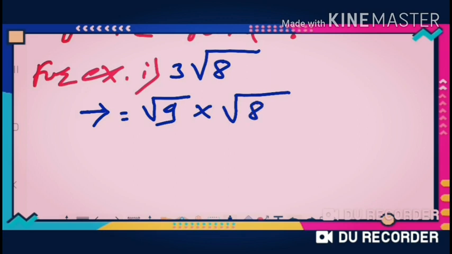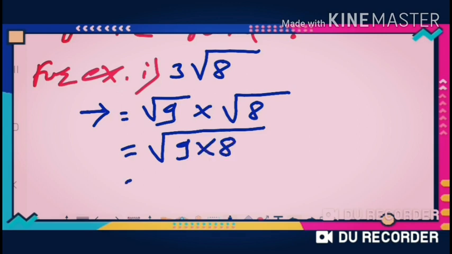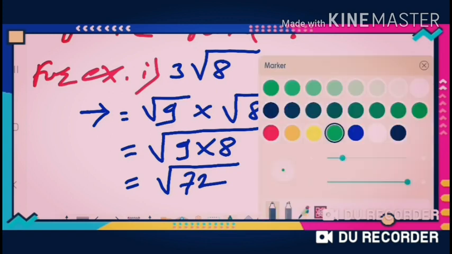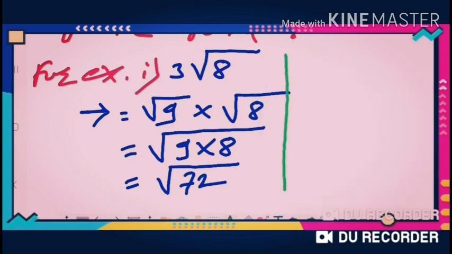Square root of 9 into square root of 8. Square root of 9 into 8 is equal to square root of 72. Square root of 72 is the pure form of the given mixed surd.